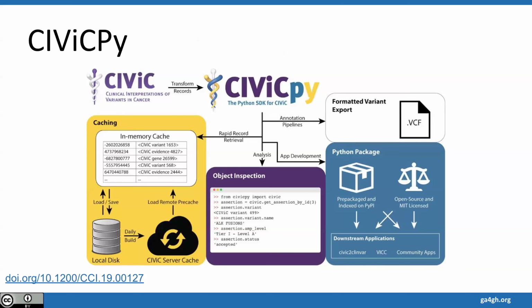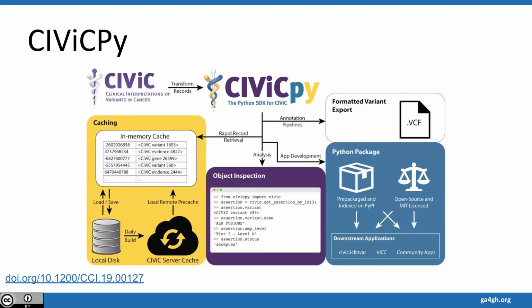All right, so now I want to introduce you to CivicPy, which I believe was developed by the one and only Dr. Alex Wagner. It's a Python software development and analysis toolkit for the Civic knowledge base. The main functionality is to extract records from Civic, convert them to Python objects, and provide tools for exploring and analyzing these records.